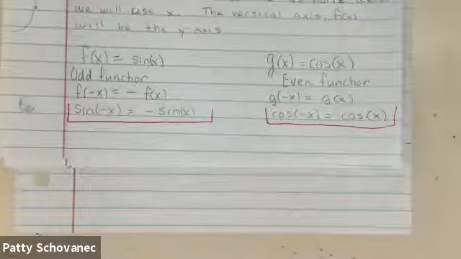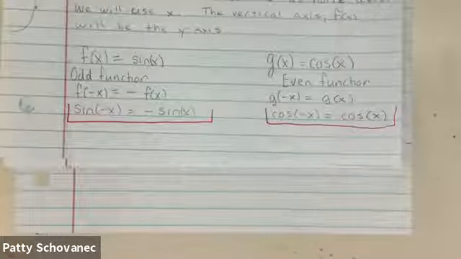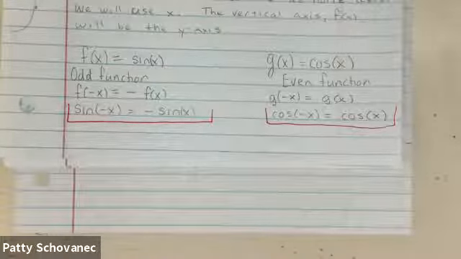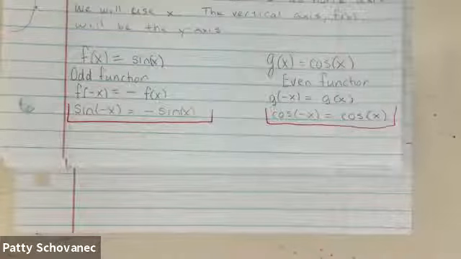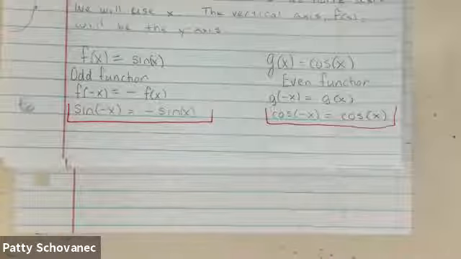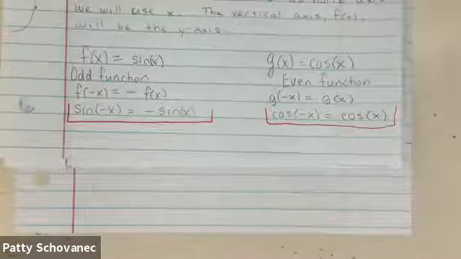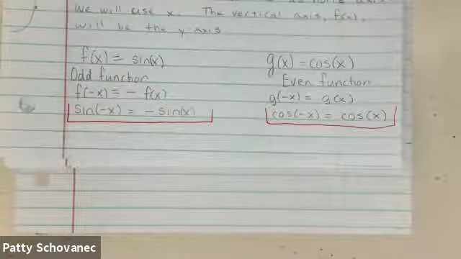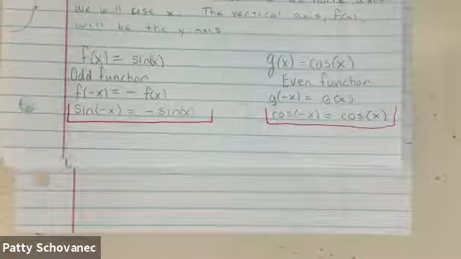When we talk about our trig functions, they're bounded between 1 and minus 1. But if I take a number and multiply it, it stretches it away from the x-axis. If I multiply it by a fraction, it takes those numbers between 1 and minus 1 and squishes them closer to the horizontal axis. So putting a number in front of the trig function changes what's called its amplitude.